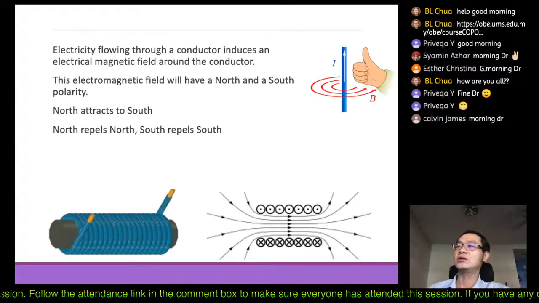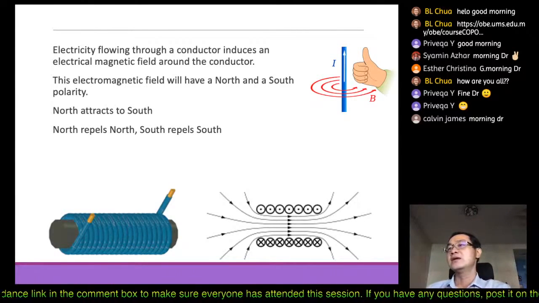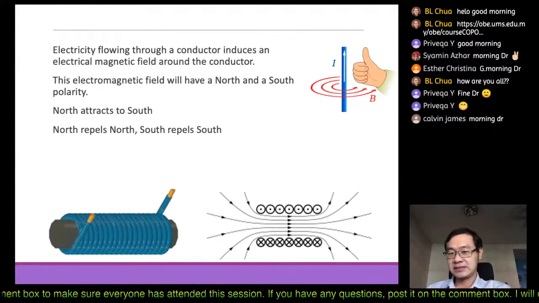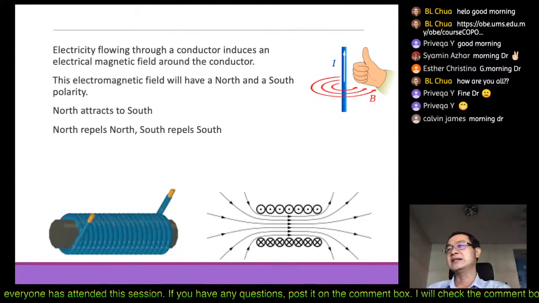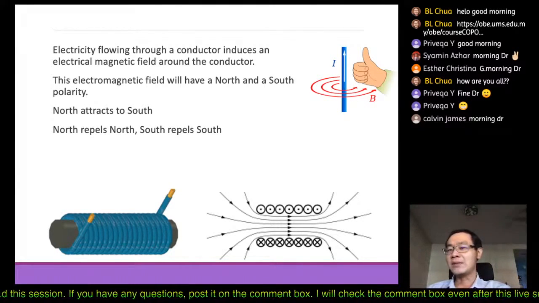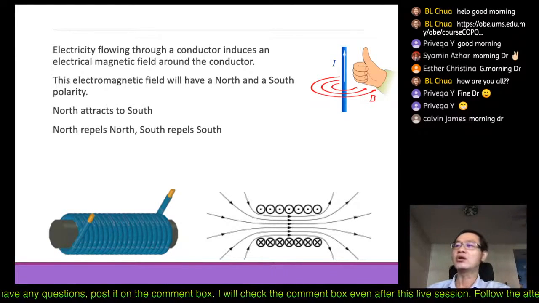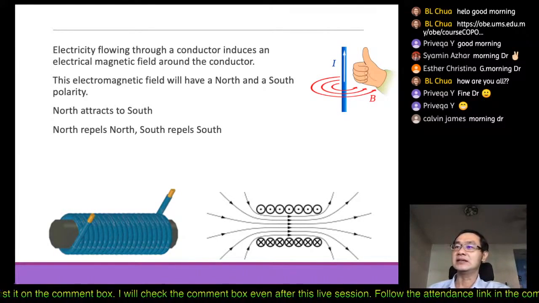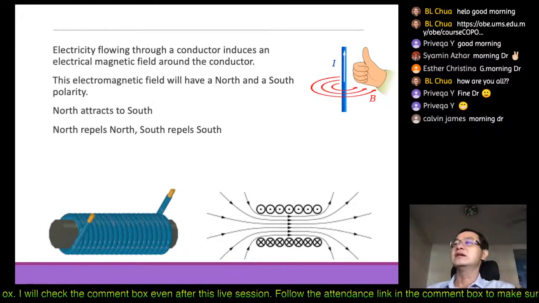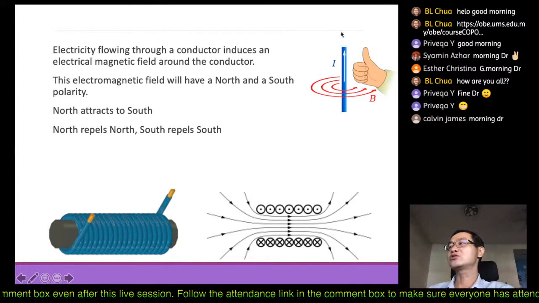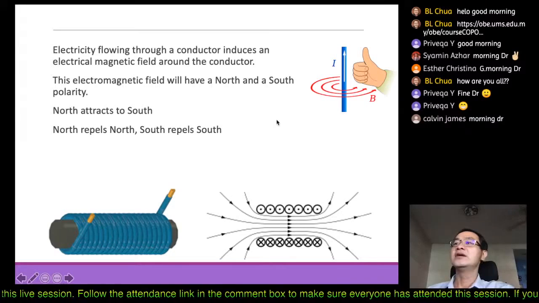It is based on a law where electricity is able to induce an electromagnetic field around a conductor when we pass current through it.